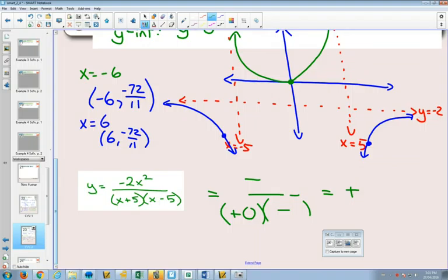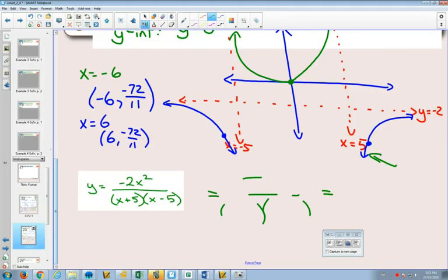Now, we made some assumptions on the outside, but you could check if those assumptions are correct. Let's look at this one here. I said it's going to go down to negative infinity when it got to that asymptote. We can check that by thinking, what happens when I put in a number close to 5 from the right? Can you see that would be like 5.1? If I plug in 5.1, on the top is still going to be negative.